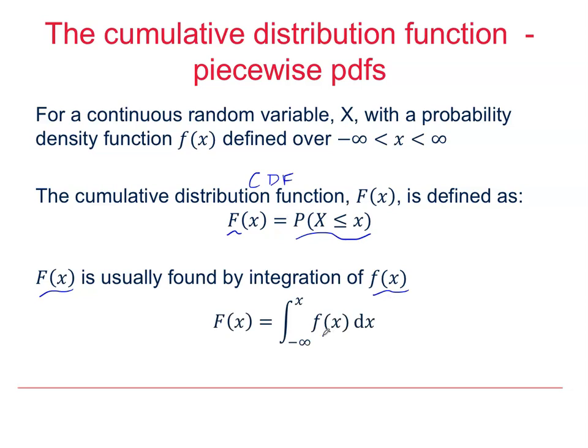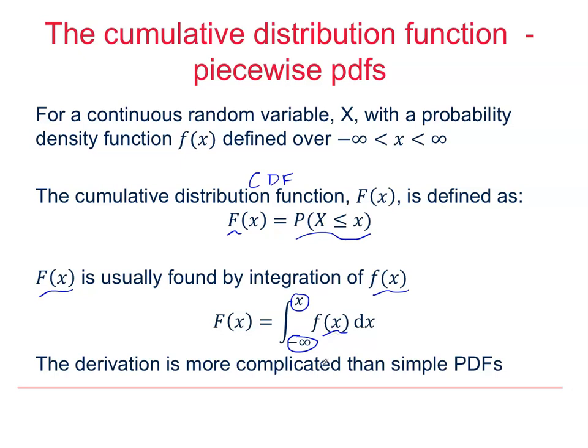We need to integrate the PDF from negative infinity right up to the variable value of x. The PDF will only need to be integrated for regions of the random variable where f of x is non-zero. The derivation is more complicated for piecewise PDFs than it is for simple PDFs.